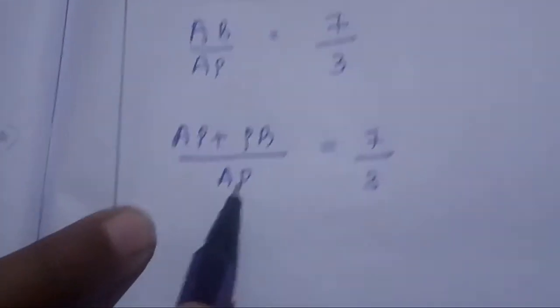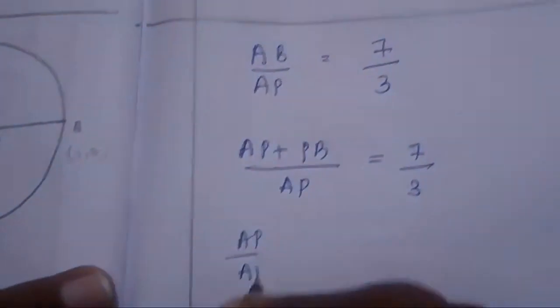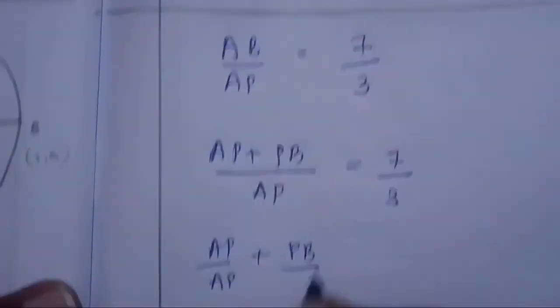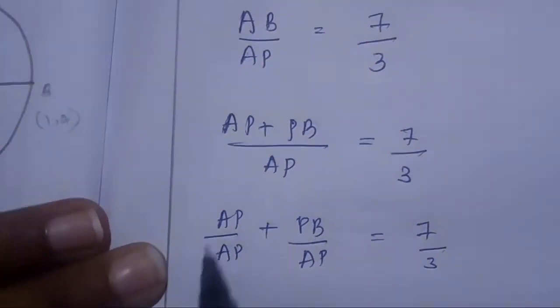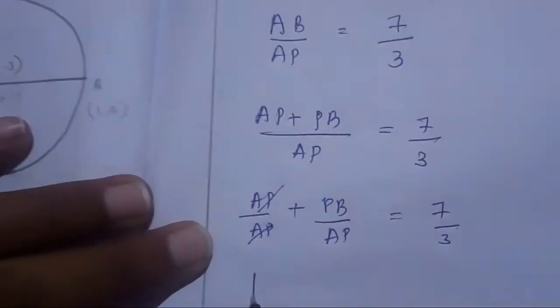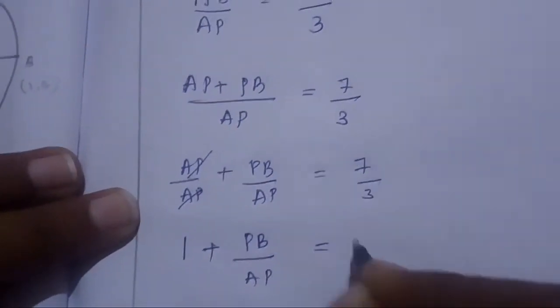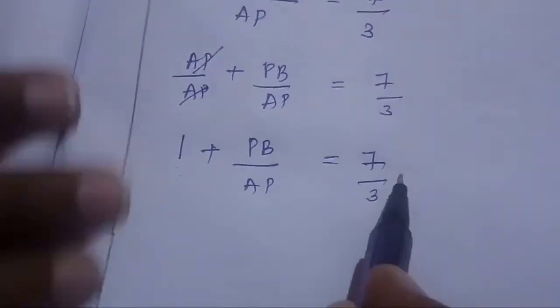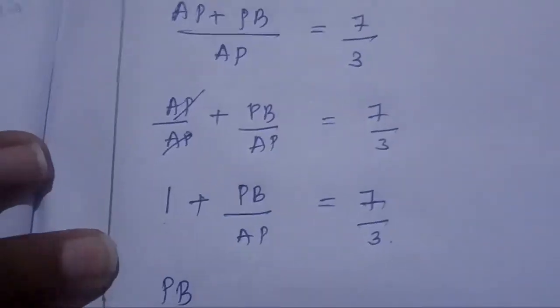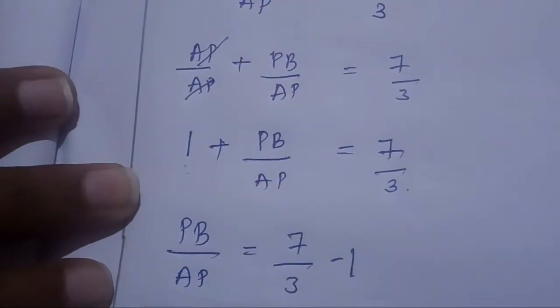That means now split this with denominator AP to each side. That is AP by AP plus PB by AP, which is equal to 7/3. Here AP gets cancelled. We remain with 1 plus PB by AP, that is equal to 7/3. Now take this 1 to the right hand side, that is PB by AP is equal to 7/3 minus 1.